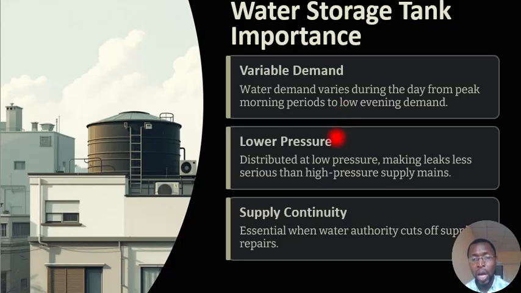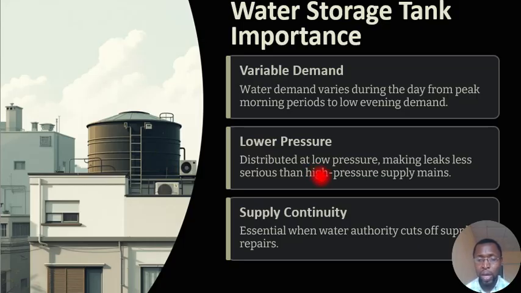Another importance of the water storage tank is lower pressure. It is distributed at low pressure, making leaks less serious than high pressure supply means. Water in the tank does not really supply water at high pressure. The water does not come out with high pressure. It releases the water with a low pressure. And with such a method, you'll be able to retain more water in the tank, which will last longer.